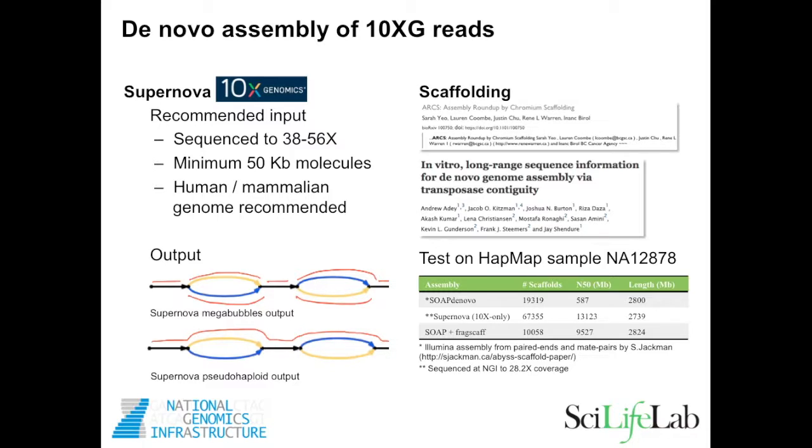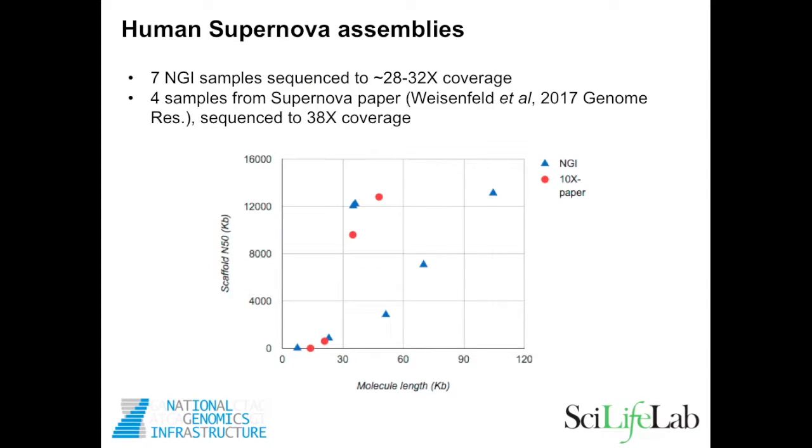So I will show you plots from the first 7 human samples that we sequenced. This is showing the scaffold N50 of the assemblies as a response to the input molecule length.